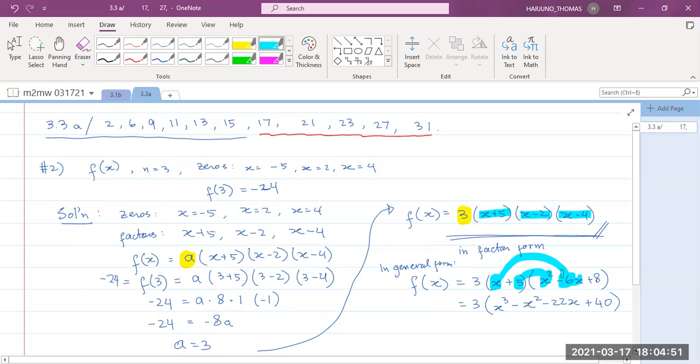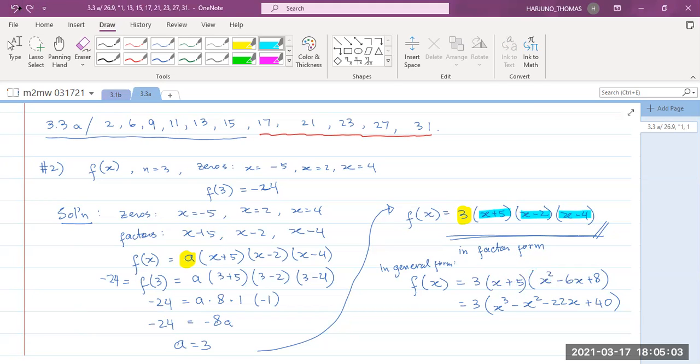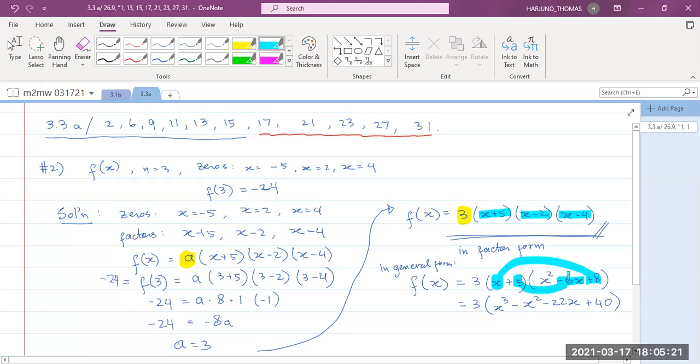So 5x squared minus 6x squared gives me negative x squared. Now, how to get negative 22x? Think of how to get x. It's x times 8, that's 8x, and 5 times negative 6x, negative 30x, right? So 8x minus 30x is negative 22x.